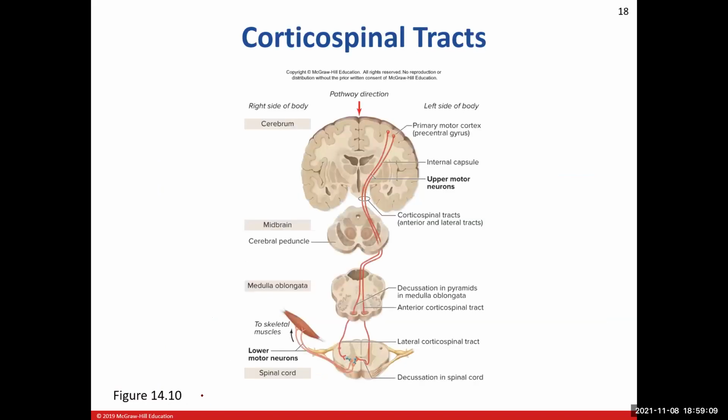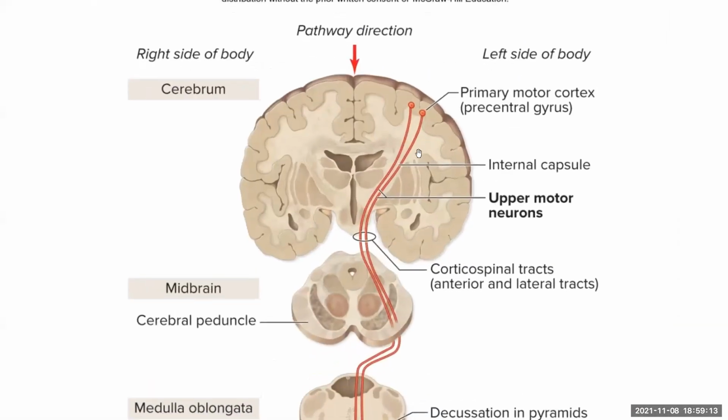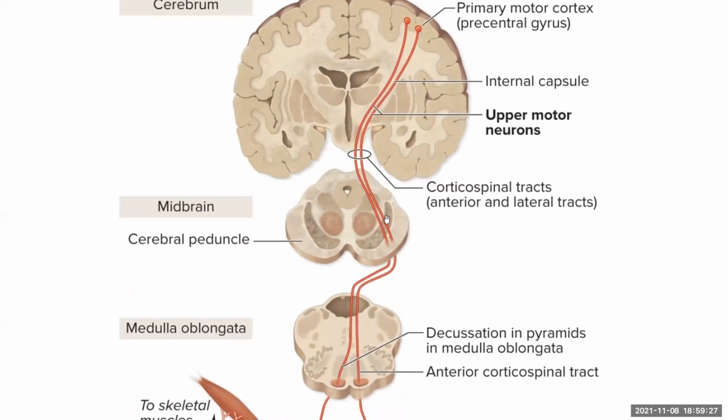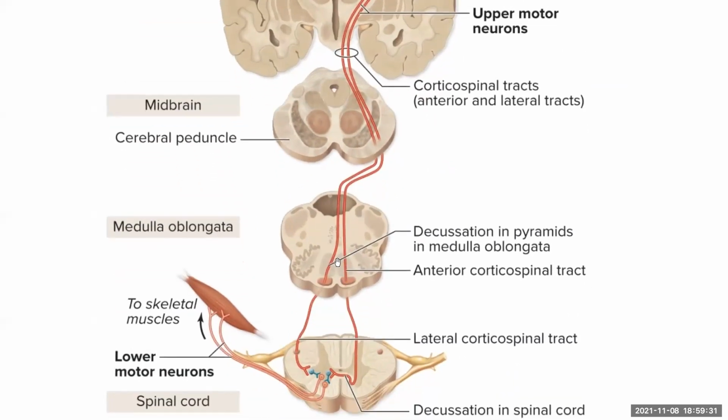So again, you can see here is the anterior corticospinal tract, the upper motor neuron. It's going to travel down from the primary motor cortex through the internal capsule into the brainstem. It's going to travel through the cerebral peduncles of the midbrain. In this case, it does not decussate in the medulla oblongata.